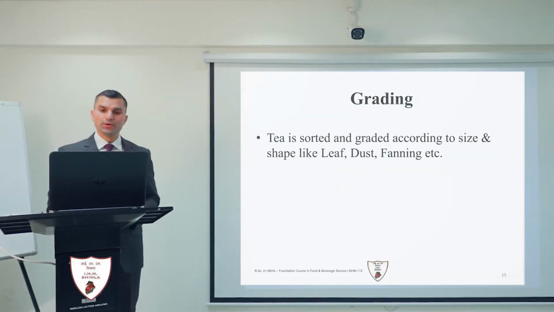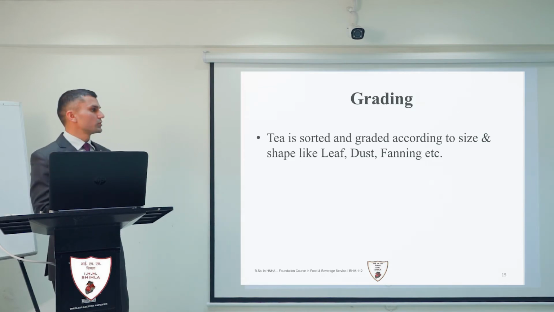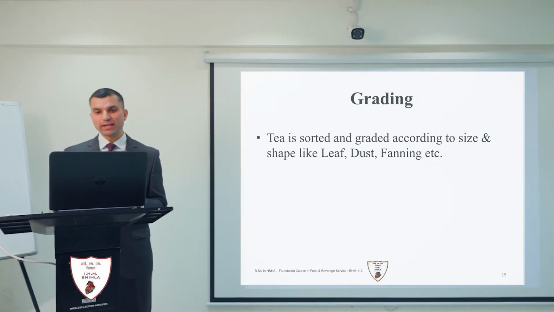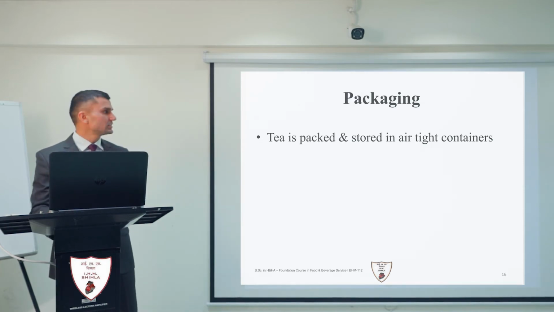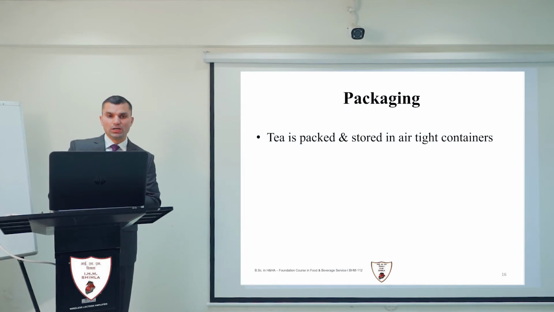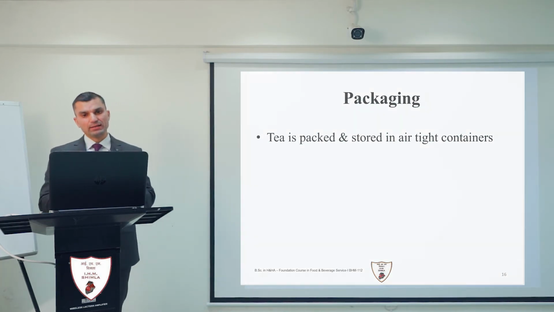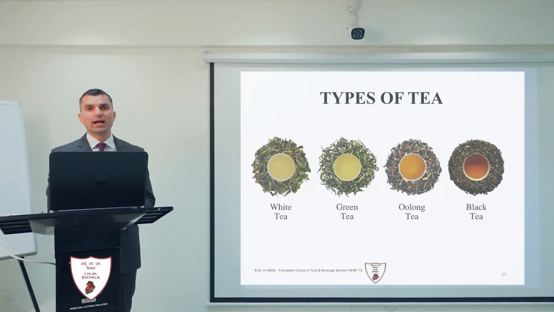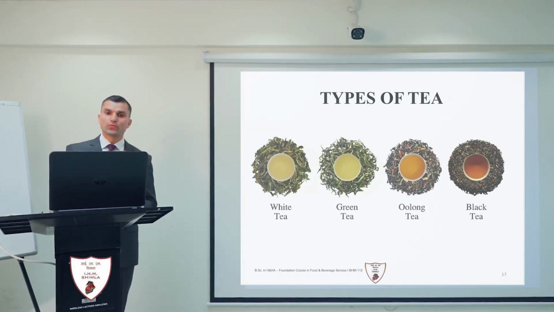After the firing, grading is done, in which we sort and grade the tea according to its size and shape, like leaf, dust, fanning, etc. The last step in the manufacturing process of tea is packaging, where we pack and store the tea in airtight containers.